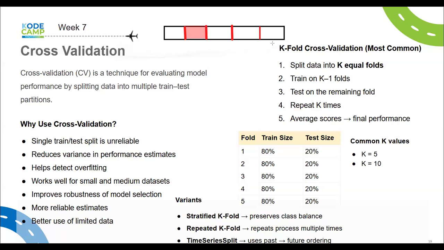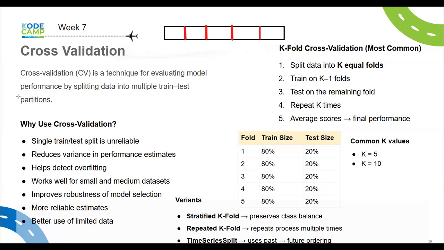So you're still having an 80%, 20% split, but what is now changing is which of these sections we are using as the 20% for the testing data. So you do a third one, and you use this other one now for testing, while the remaining four will be used for training.